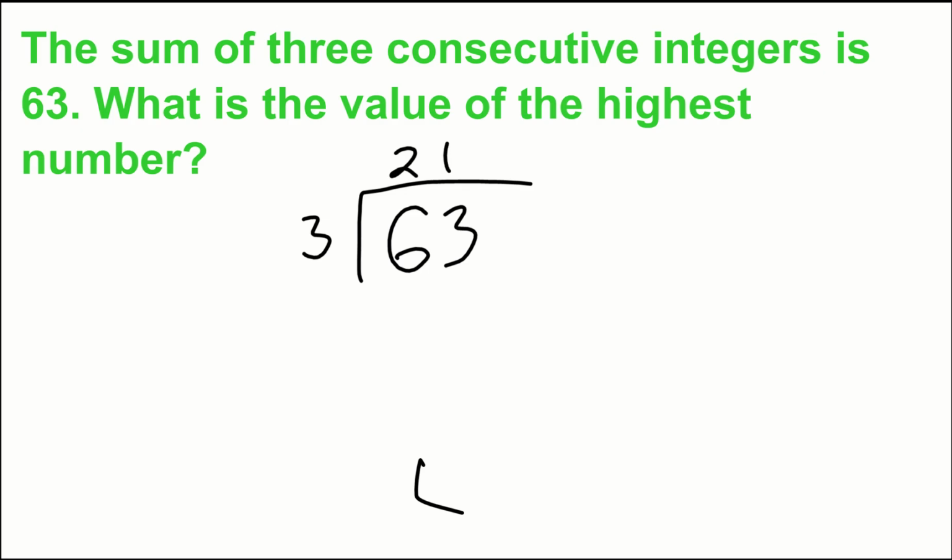All right, if you just do your division, 63 divided by 3 gives you 21. That's the middle number. It says 3 consecutive, so we got 20, 21, 22. Asks for highest, that's 22. Any questions on that?